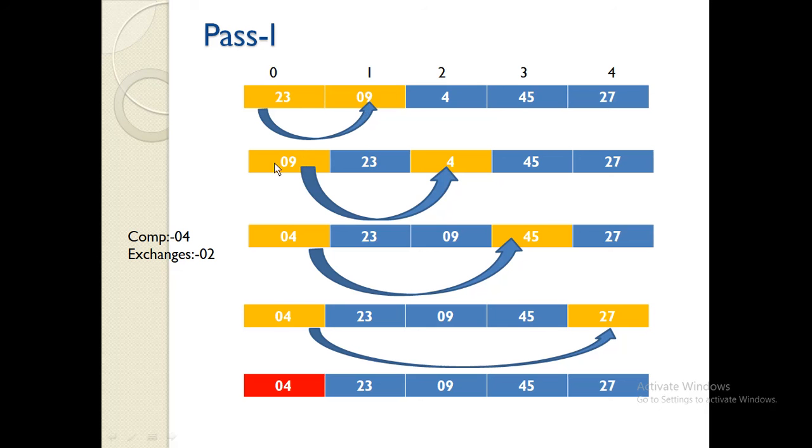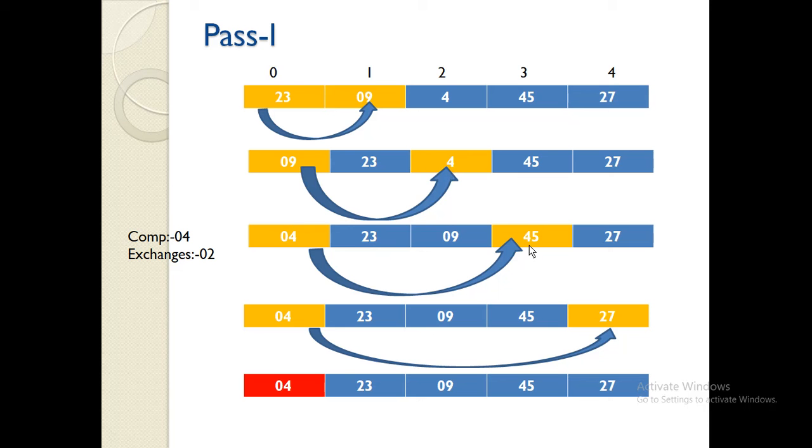After that, again the first element is compared with the third element, 9 and 4. Again there is a need to interchange the positions, because 9 is greater and 4 is smaller. So the element is shifted. Again the first element is compared with the fourth one, 4 and 45.